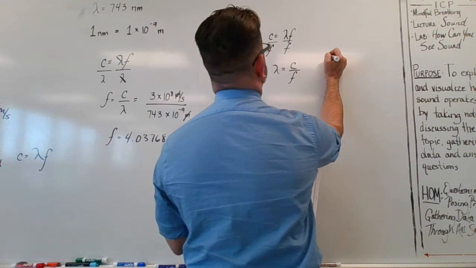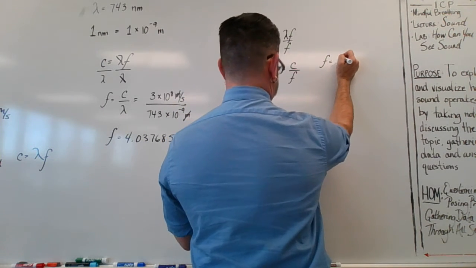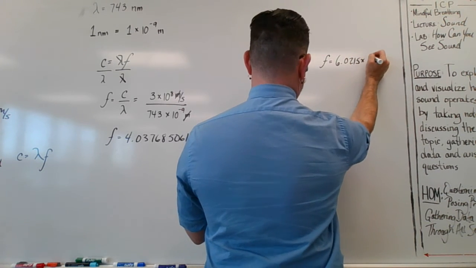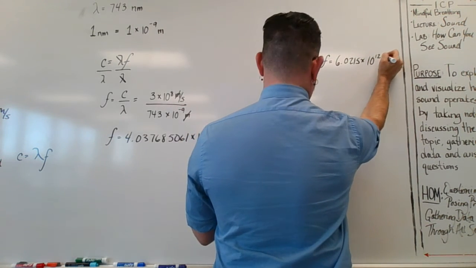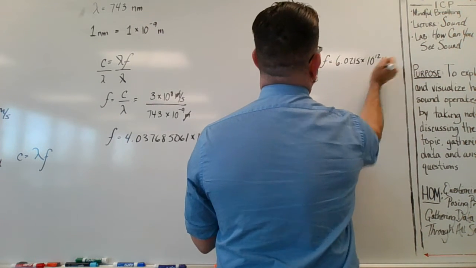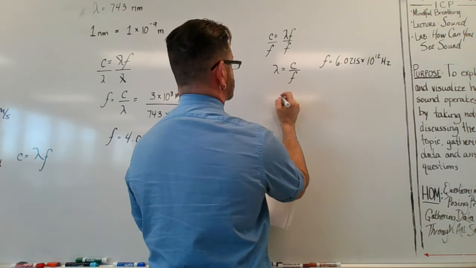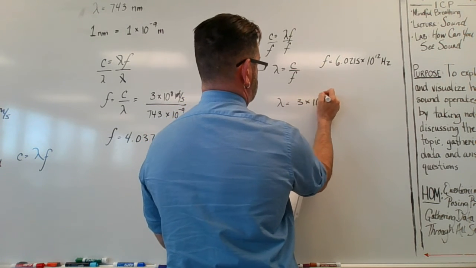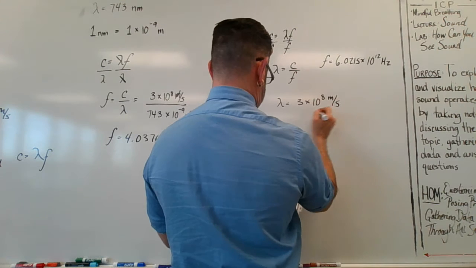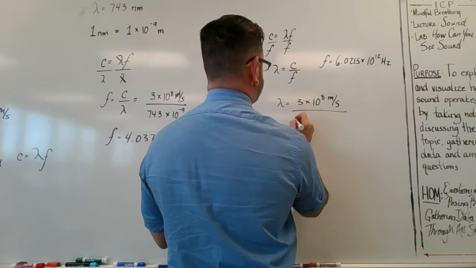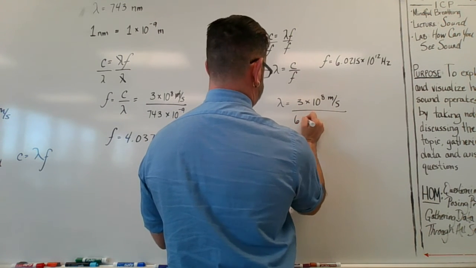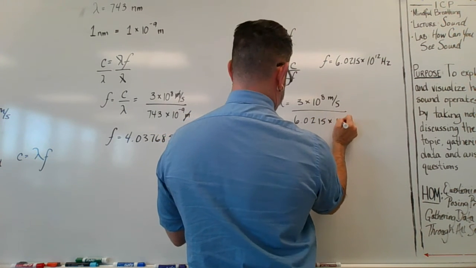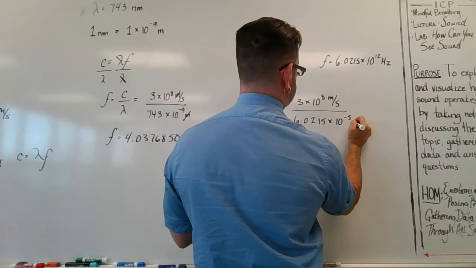So if I have a frequency that's equal to 6.0215 times 10 to the 12th hertz, I can find the lambda fairly easily by saying 3 times 10 to the 8th meters per second divided by 6.0215 times 10 to the 12th.